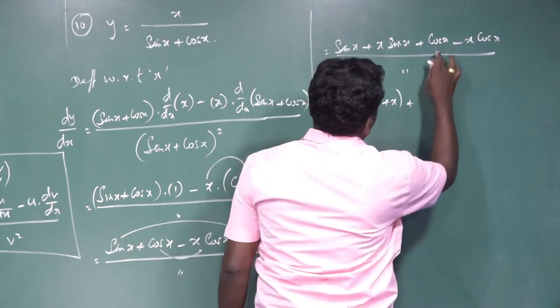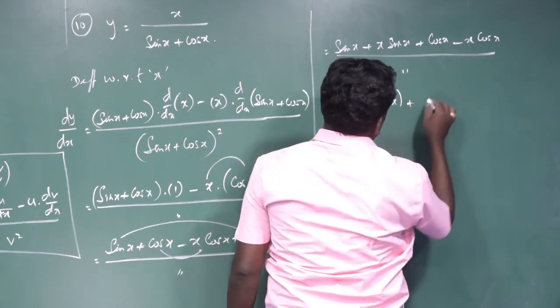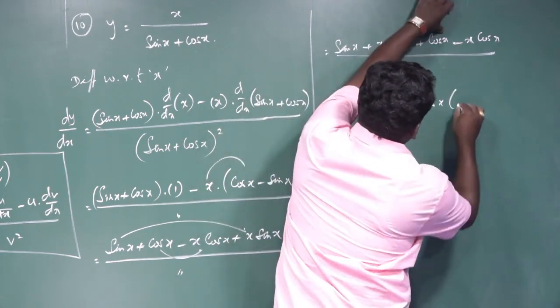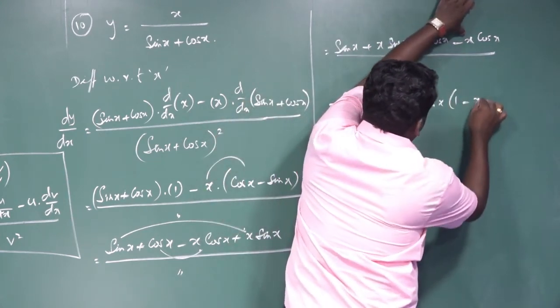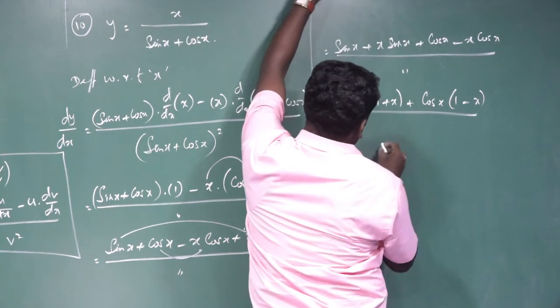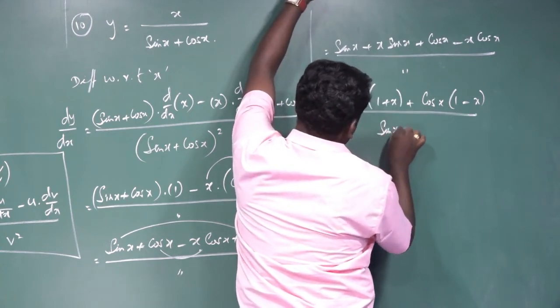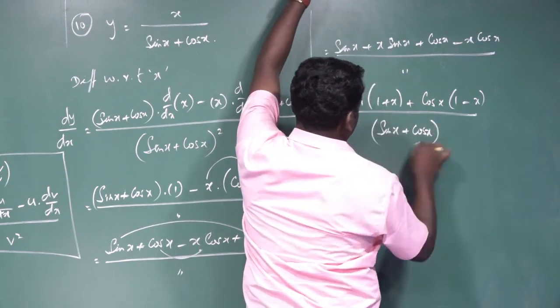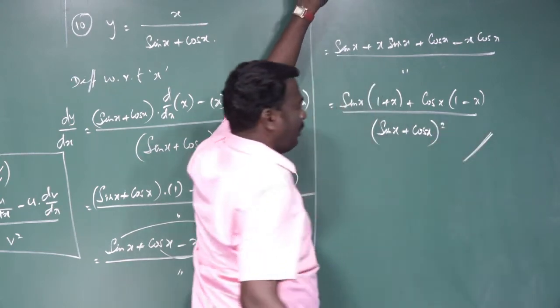Then plus, taking these two terms, cos x commonly, remaining: first term 1, minus second term, minus x remaining, over the denominator sin x plus cos x whole square, that is the final simplification.